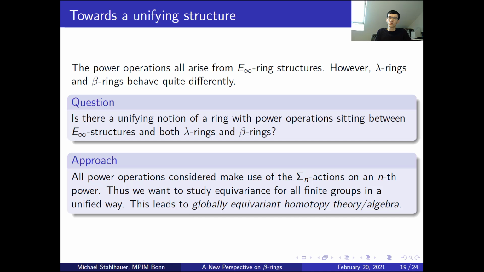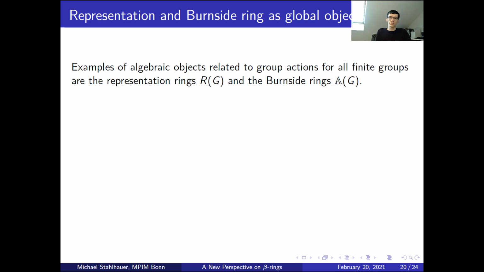So we want to study Sigma n equivariant objects for all n, and then because any finite group is a subgroup of the symmetric group, we might as well study all finite groups. And this then leads to a viewpoint of globally equivariant algebra, which I now want to talk a bit more about.